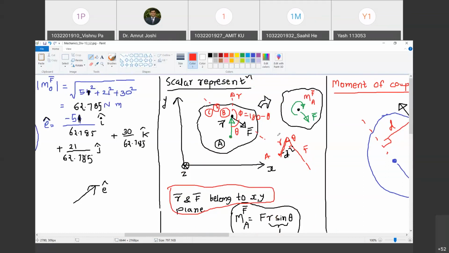Sir, it won't matter if we consider the angle or the distance, right? In the end, the result is going to be the same. Yes, you are right. Why I said do not consider the angle is because angle 0 or 180 is the question. We will discuss that a little later.